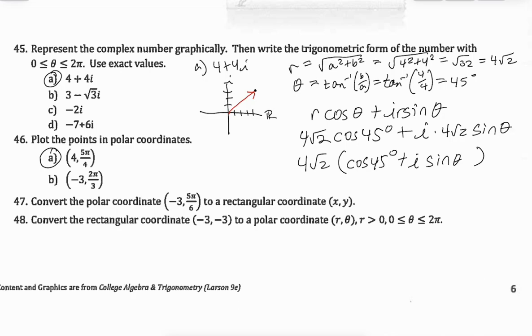Okay, let's do 46. In this particular case, we know the r is your first number, the theta is your second number. And we use what we know about x's and y's. The x is always related to our cosine. The y is always related to our sine. So it's just as easy as saying that the x is r cosine theta.